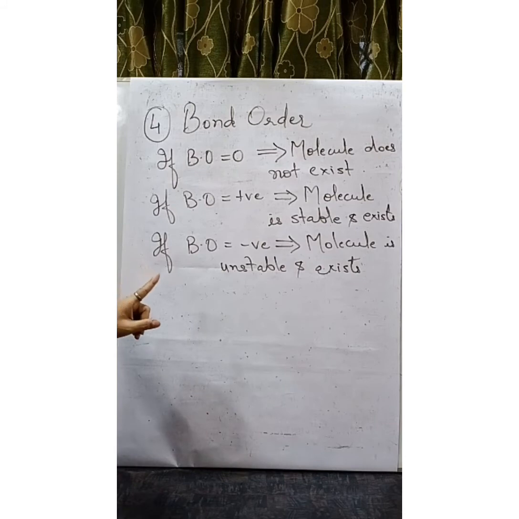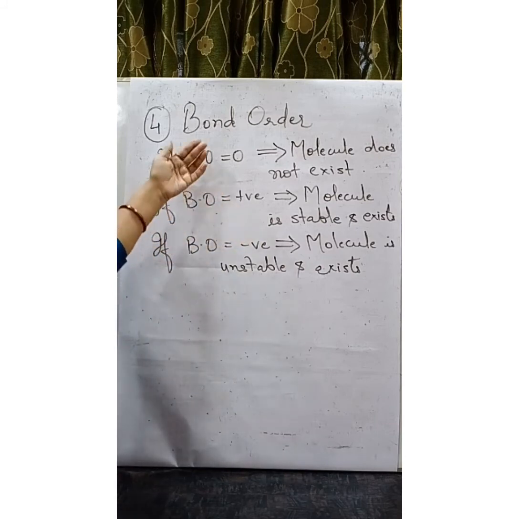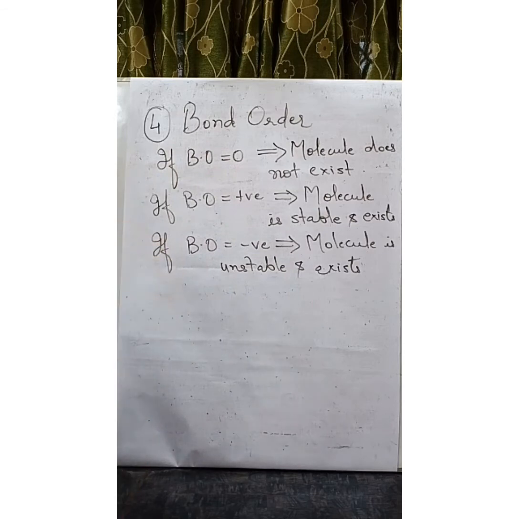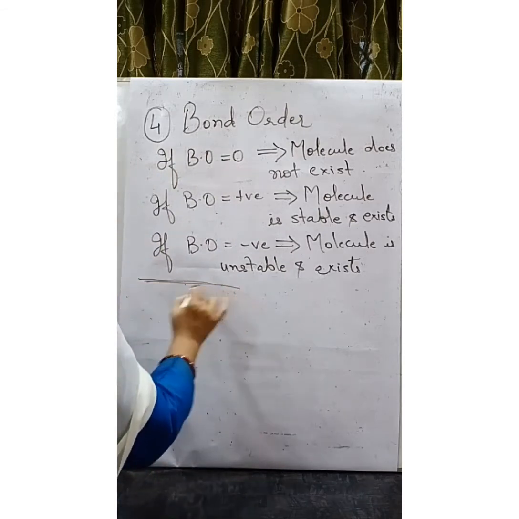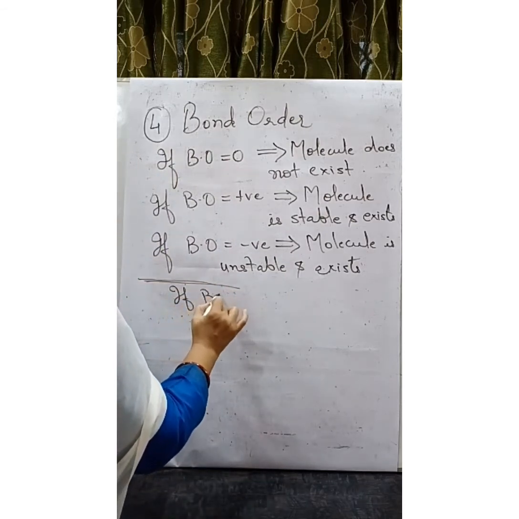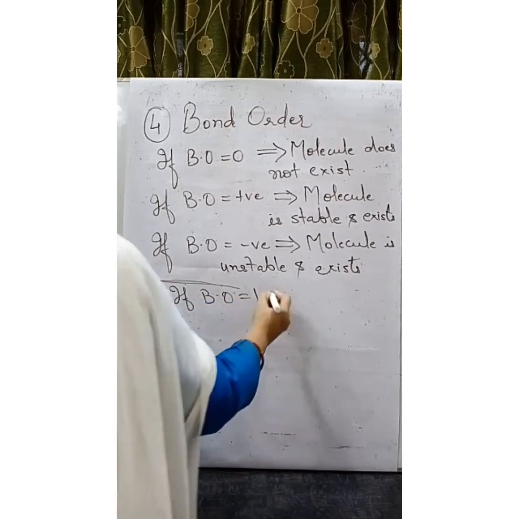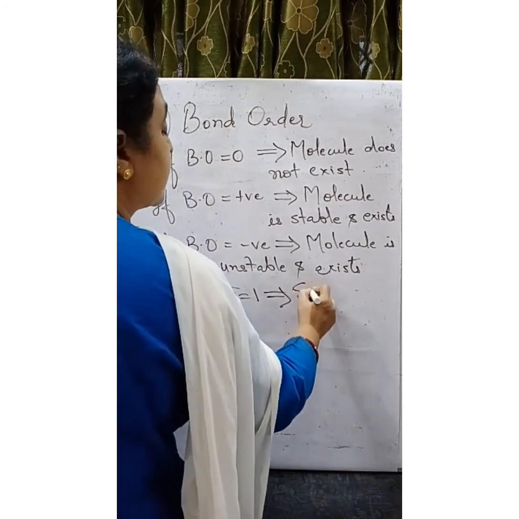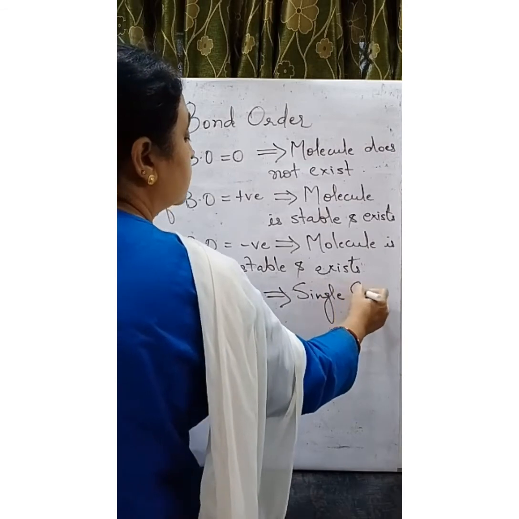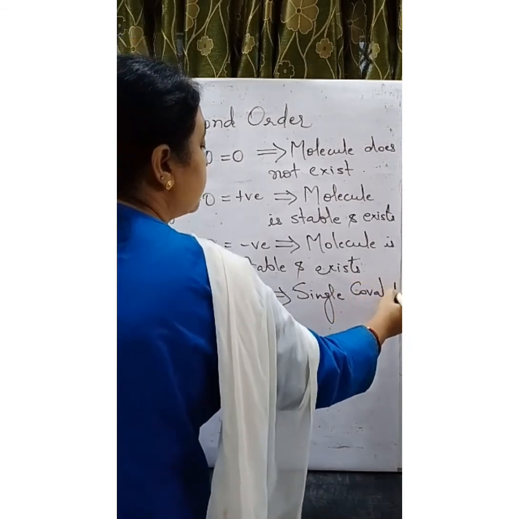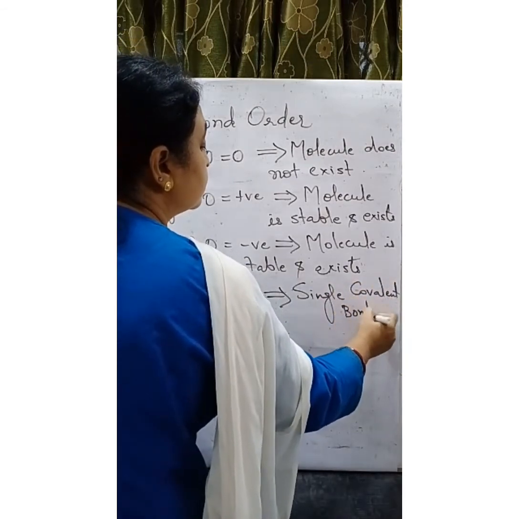In some cases, we can say that if you get a value of bond order as 1, 2 and 3, if bond order is 1, this means that single covalent bond exists between the molecules.